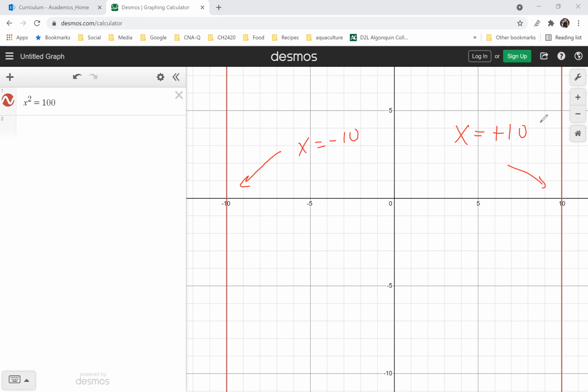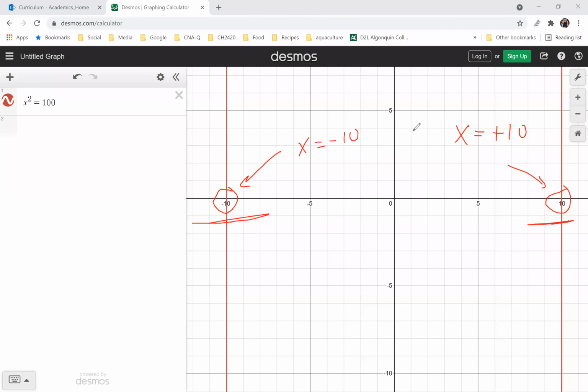I mentioned this yesterday. Graphing these will give you the answers. The only problem is most of you don't have graphing calculators, and we're not really going to talk about graphing quadratics, which is a good thing because it takes a lot of time. But if you're wondering where the positive 10 and negative 10 come from, you can see it from graphing the equation.